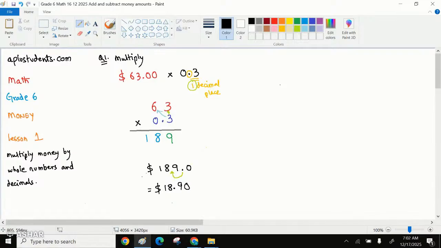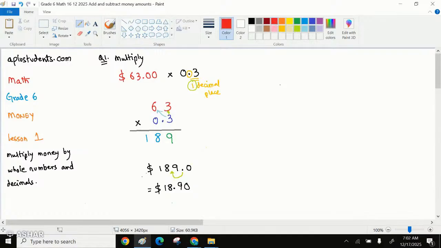That means $18.90. Let's look at the next question. For us, the most important thing is to count the decimal places. If it's one decimal place, we move one towards the left. If it's two decimal places, we move two numbers to the left, okay?